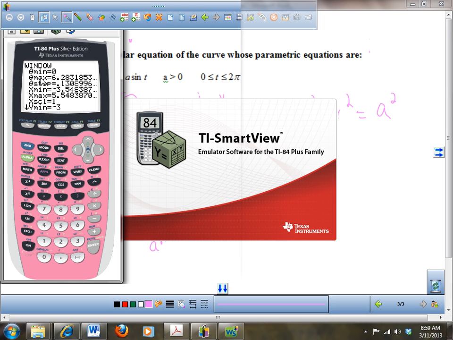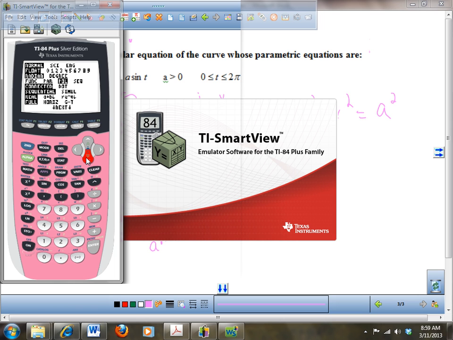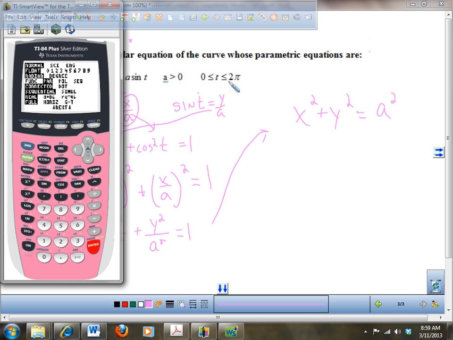So now we're in polar mode, so you have to change mode. We're going to make sure we're in radian. We're going to go down to parametric. Because it says from 0 to 2 pi, we're going to be in radian mode.